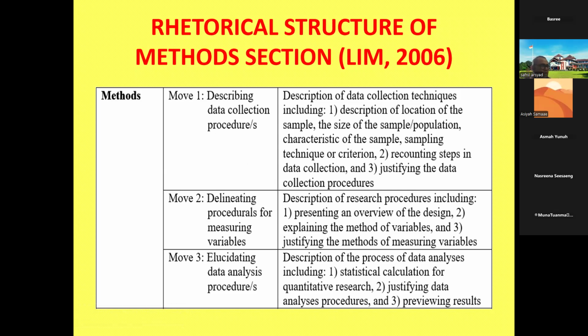The difference is only that in a thesis you separate chapter one and chapter two, introduction and literature review. In articles, we combine them: chapter one and chapter two become the introduction. In articles, the literature review is included in the introduction, while in a thesis you usually separate it.